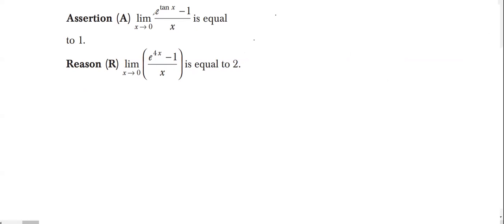In the next, we have assertion as limit x tends to 0, (e raised to the power tan x minus 1) minus tan x. So clearly, it is in the form of e raised to the power x minus 1 over x. So let's see how we can simplify it. So this is limit x tending to 0, e raised to the power tan x minus 1 over x.